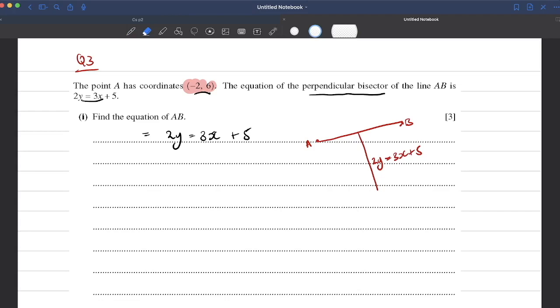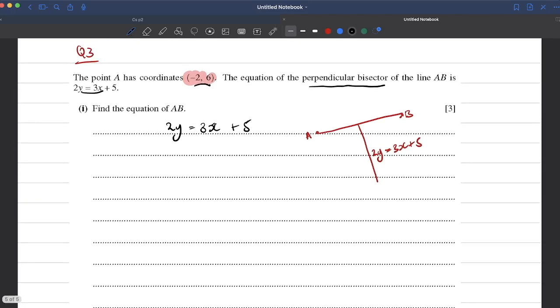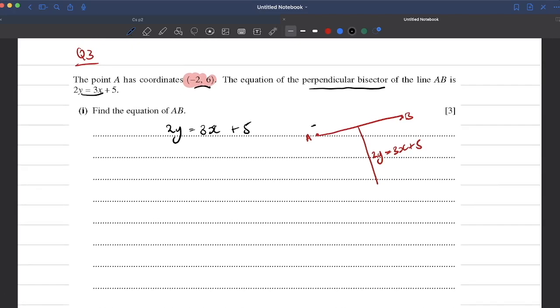We have the equation of the perpendicular bisector. So how do I find it? First of all, A is negative 2, 6.